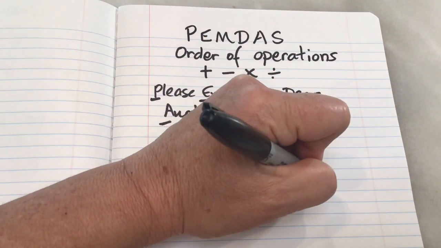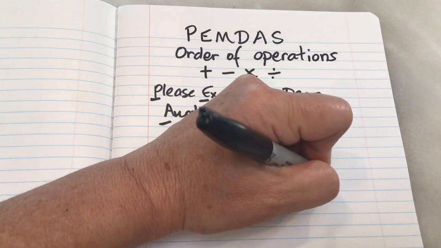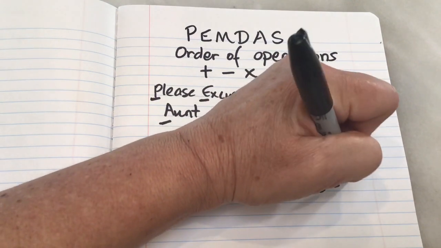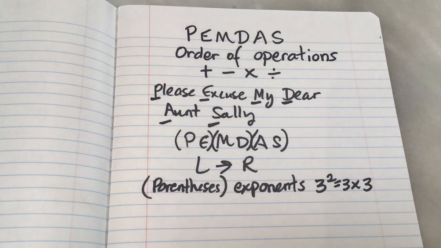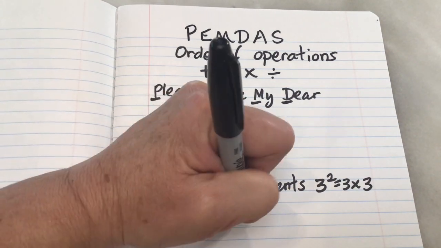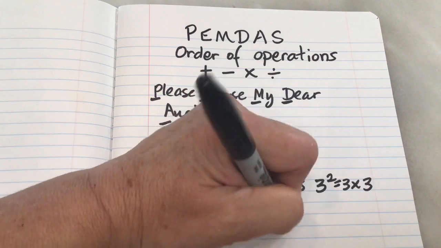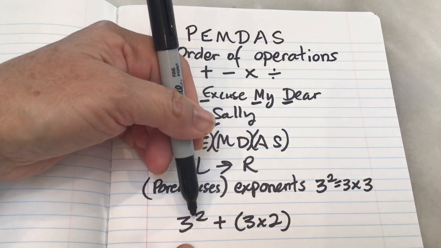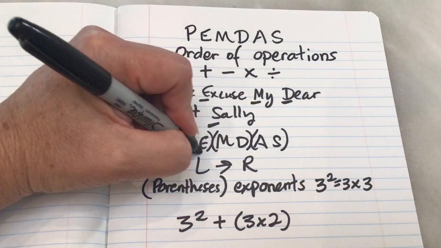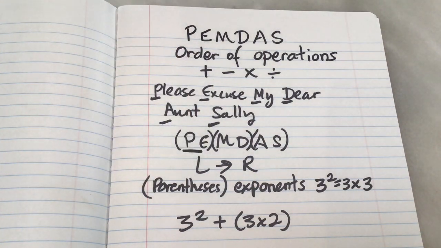An exponent is a number like 3 to the second power, which means 3 squared or 3 times 3. So an exponent is also something you would do first. If the 3 squared appeared before the parentheses, you would do it first. So it's in order from left to right, these two, parentheses and exponents.